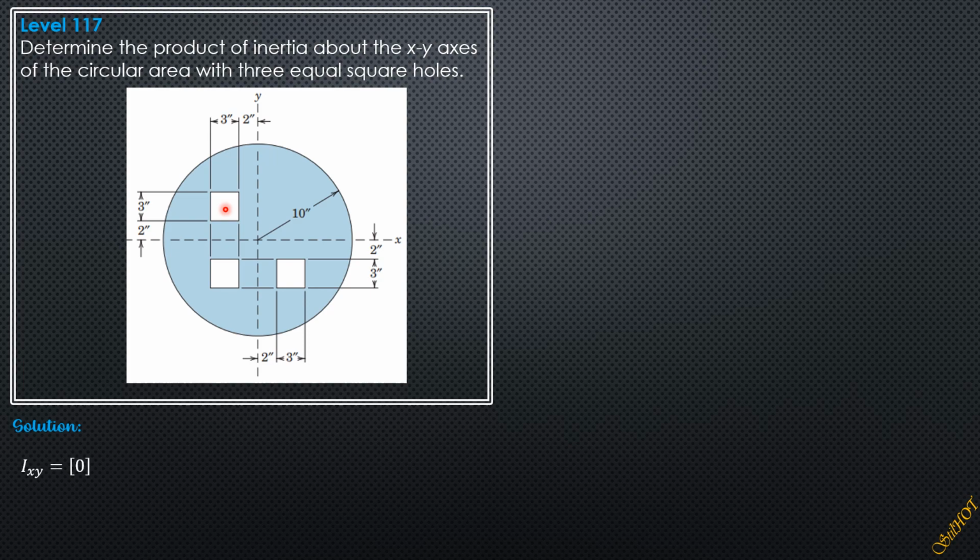So minus quantity 0, then plus area, which is 3 times 3, 3 squared, then x bar is negative 3.5, y bar is positive 3.5. So therefore Ixy is positive 110.25 inches to the fourth. So that's it for this problem.